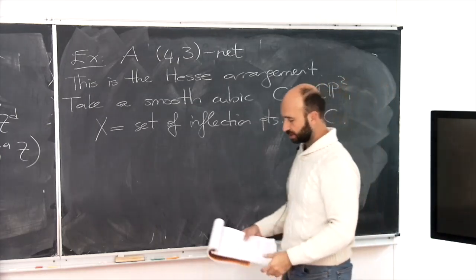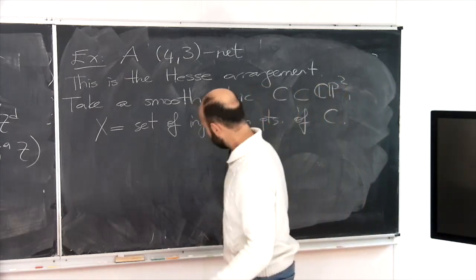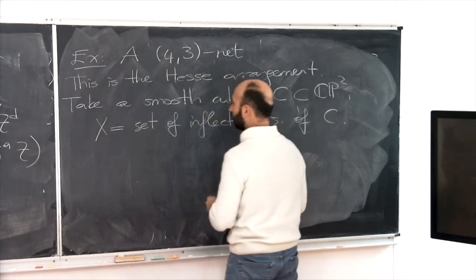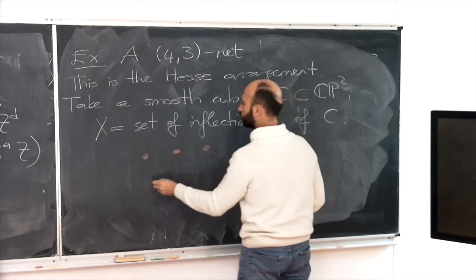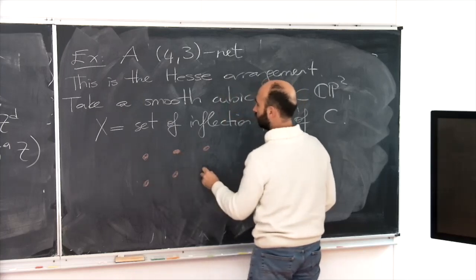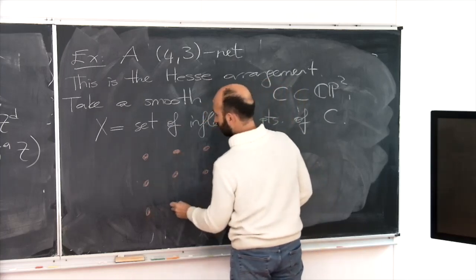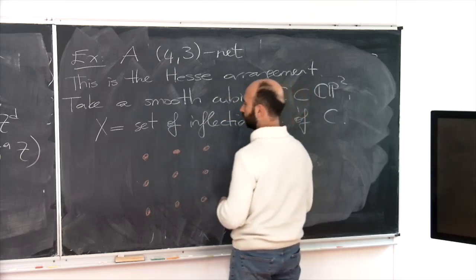So this is a 9-point set. And as we saw in the previous lecture, any line which passes through two of these inflection points passes through a third one. So diagrammatically, the lines must be situated in the following form.